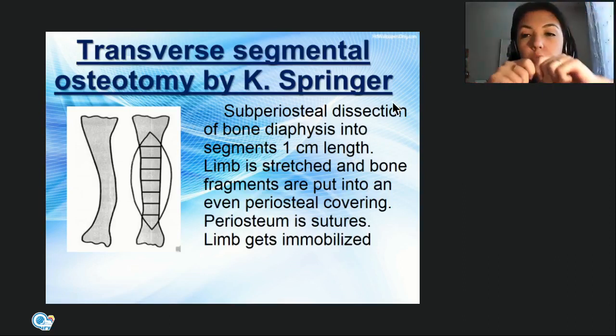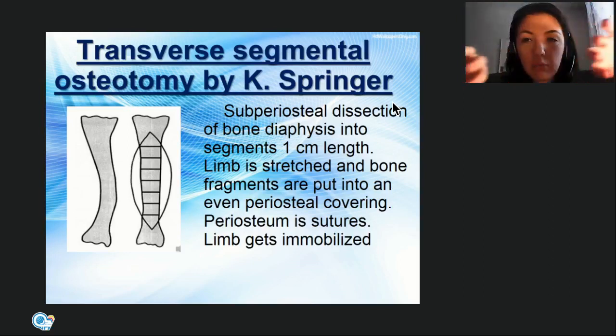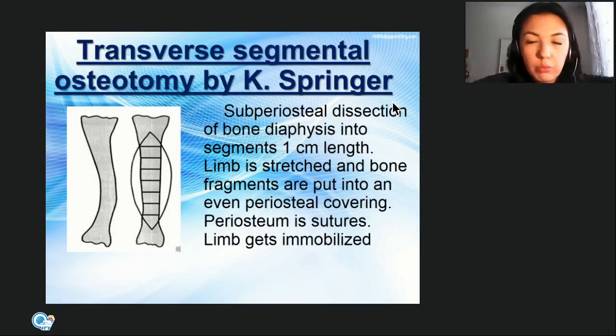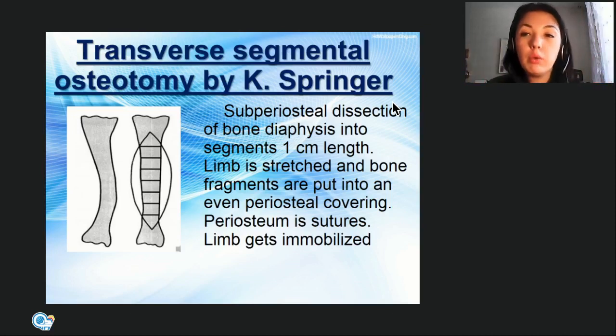We dissect the periosteum, we remove it laterally from the wound, and we do not involve the periosteum in our surgery, because we need to preserve it, as you remember, since the periosteum provides growth of the bone in width.